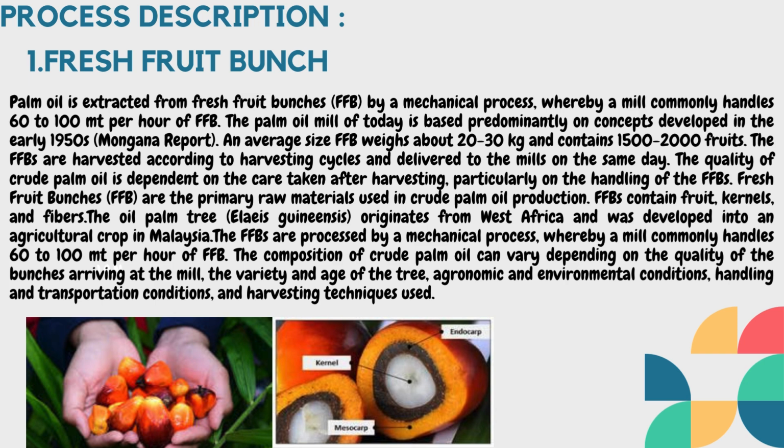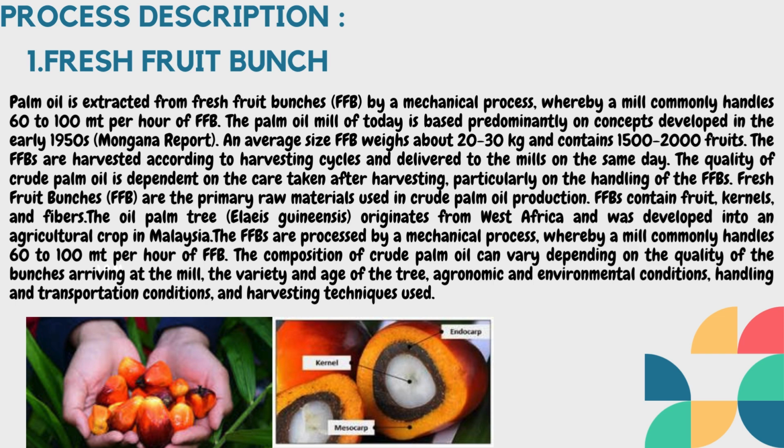Fresh fruit bunch. Palm oil is extracted from fresh fruit bunches by a mechanical process whereby a mill commonly handles 60 to 100 metric tons per hour of FFB. The palm oil mill of today is based predominantly on concepts developed in the early 1950s.